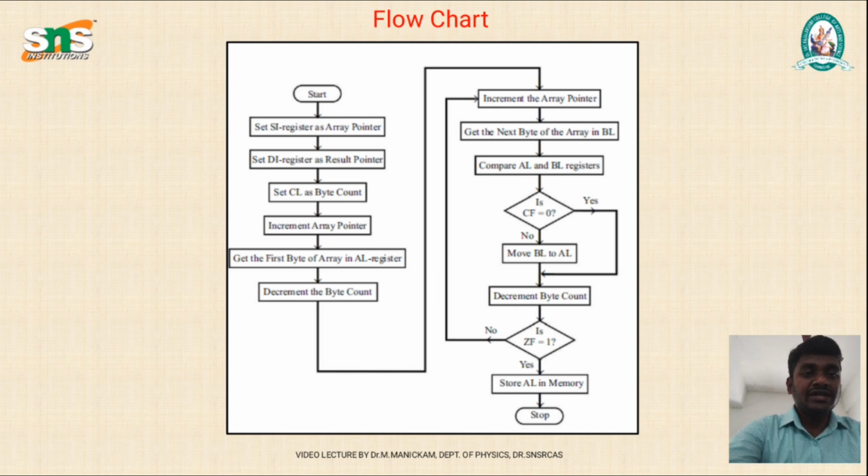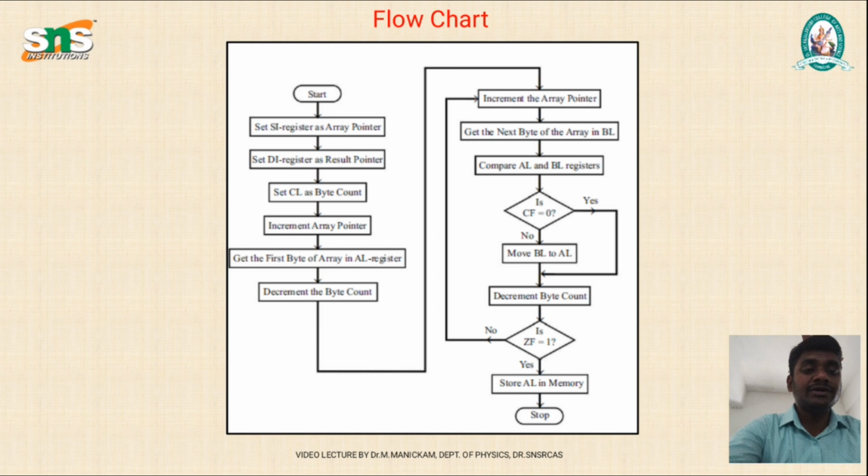So after the comparison, we come to a conclusion for the jump command. Carry flag comparison is there. If the condition is yes, it will move to decrement the byte count. Otherwise, it will execute the next step. Again, the zero flag we are also checking. This zero flag checking is for the looping concept to compare all the data in the array.